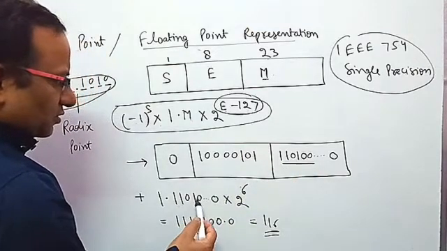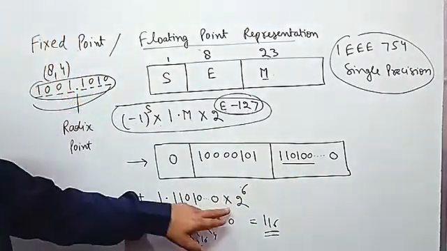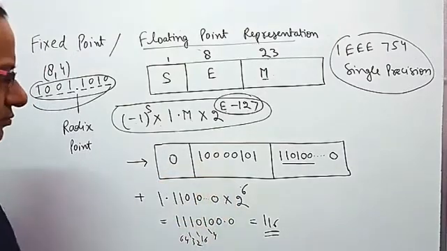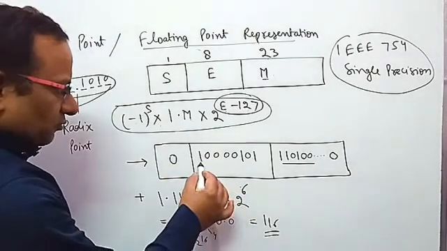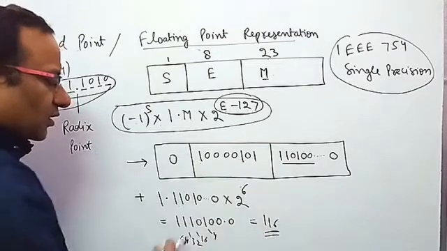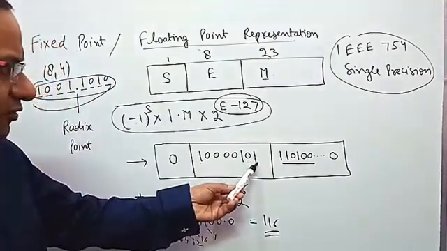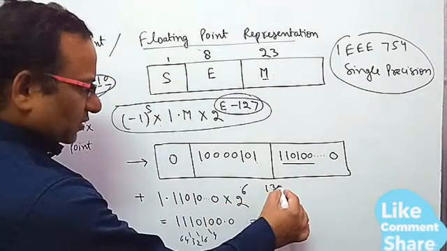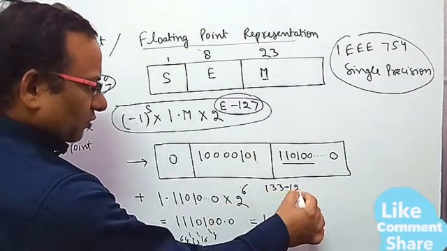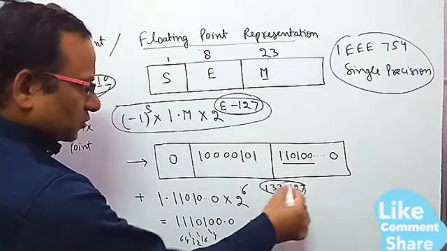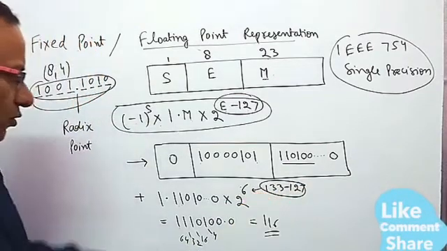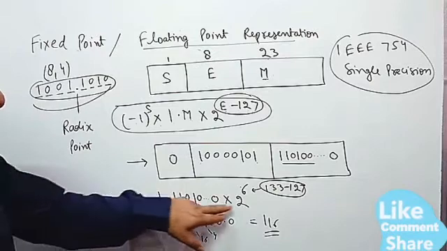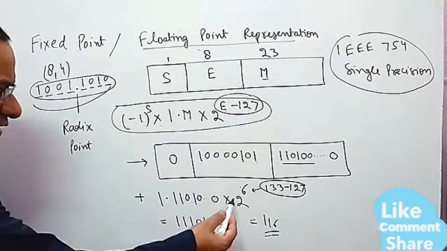1 1 0 1 0 0 all 0 into 2 raised to the power stored exponent, which is 133, minus 127 is 6. So 133 is stored and 127 is the excess, so the difference is the true exponent. Now 1.11010 into 2 raised to the power 6, we can write like this.